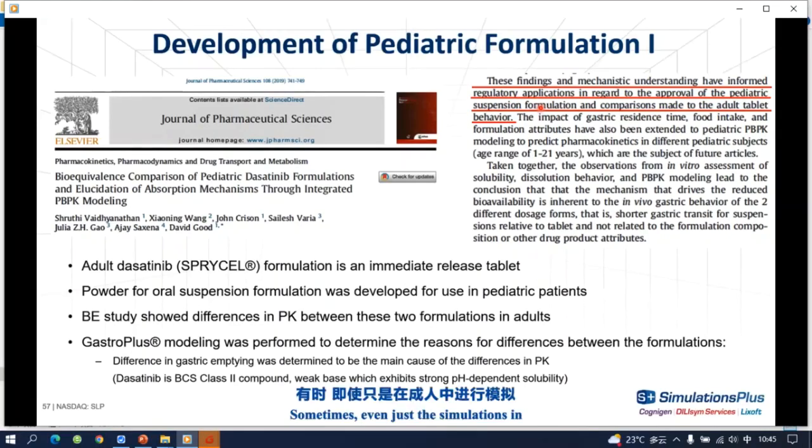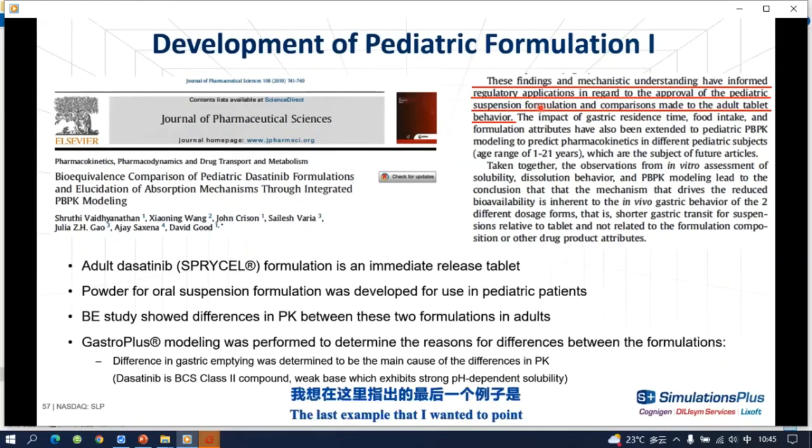So sometimes even just the simulations in adults and doing a mechanistic simulation, helping you figure out what is happening with the compound, even without doing the pediatric, can already have an impact also on the pediatric drug development.